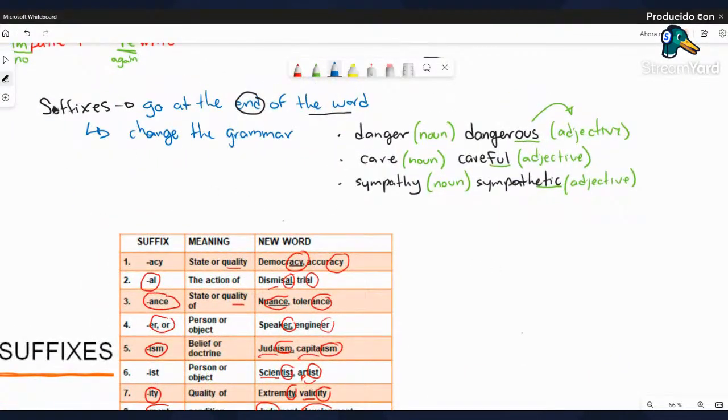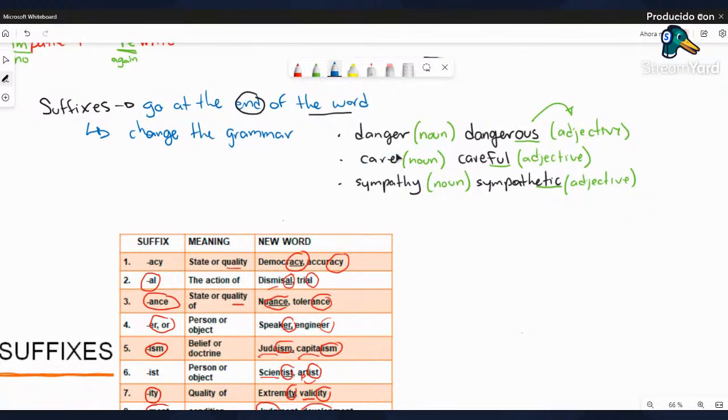And then also, we were learning about suffixes. We learned that the suffix goes at the end of the word, and the main purpose of the suffixes is to change the grammar of the word. For example, danger is a noun, but if we add ous, dangerous, it changes to be an adjective, similar to what we did at the end of the activities.